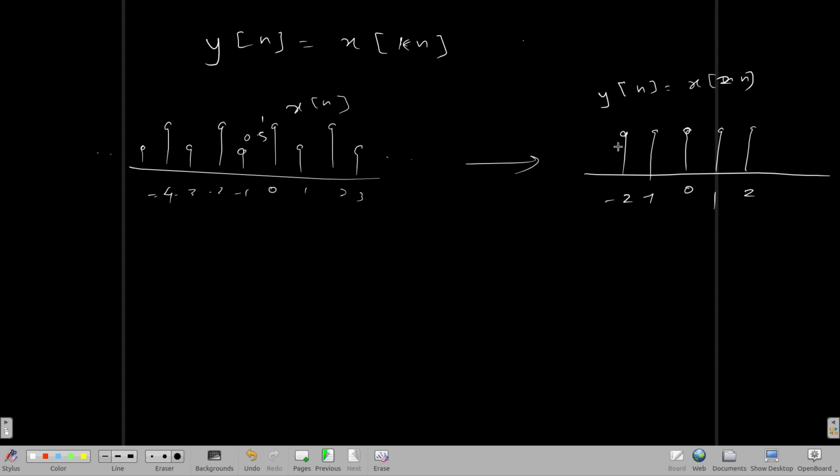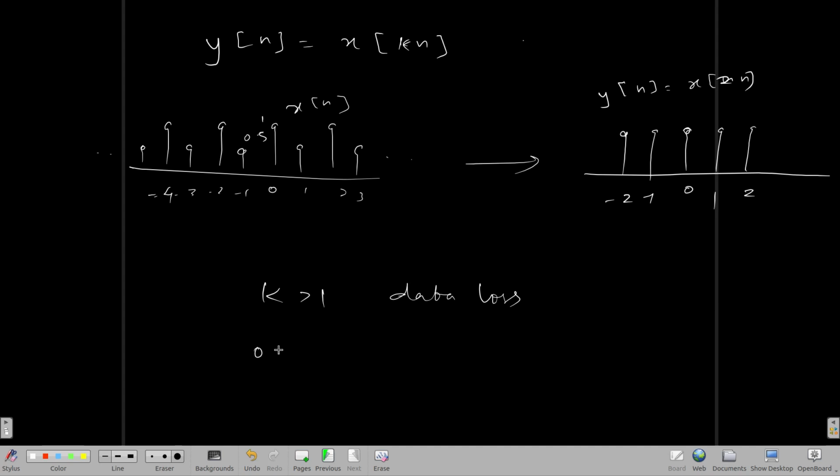Ultimately, if you are having a finite sequence, you can consider this as compression, but the thing is that in discrete domain you are having some data loss for k greater than 1.